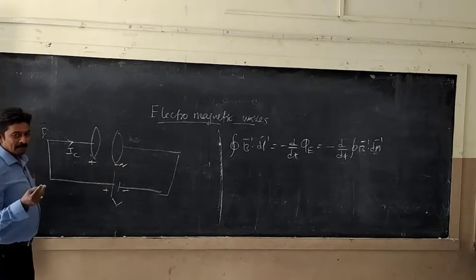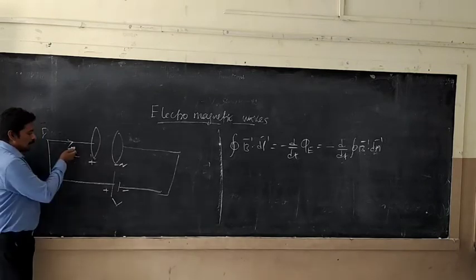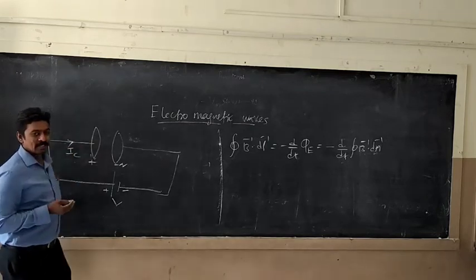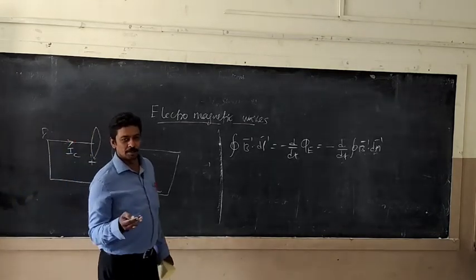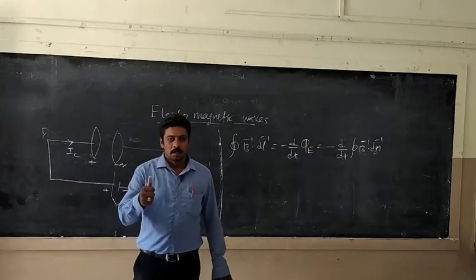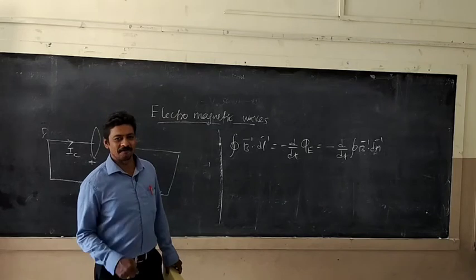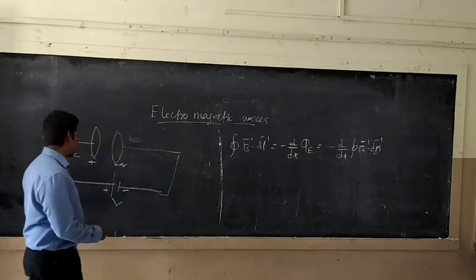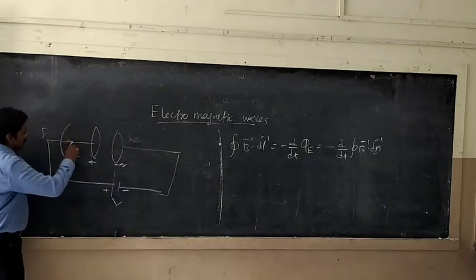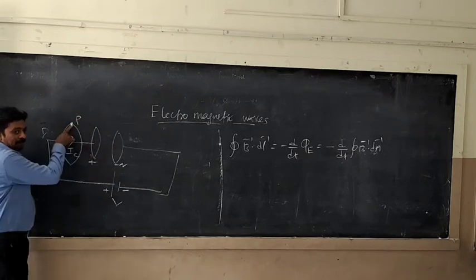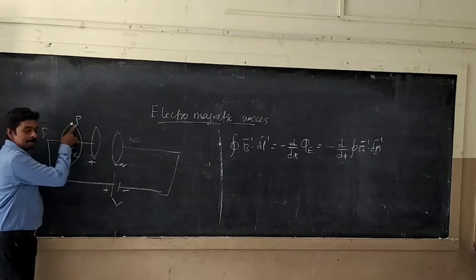If you bring a magnetic needle and place it near the wire, we can understand that the magnetic field is produced due to the IC current. So now we are going to measure the strength of the magnetic field at any point on the wire. Suppose I have to find the magnetic field at point P.